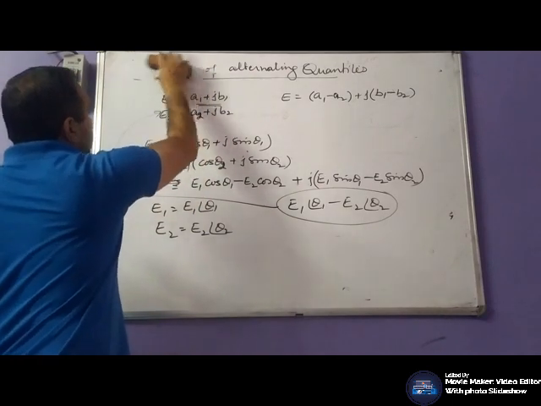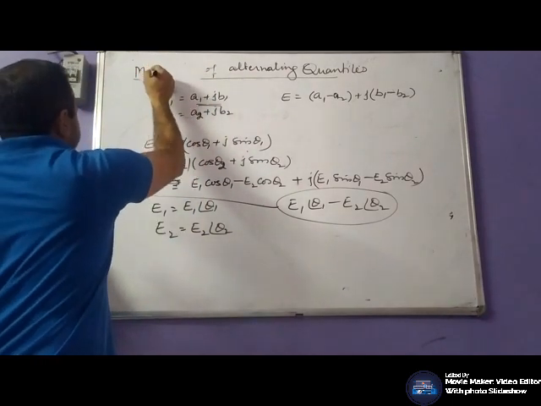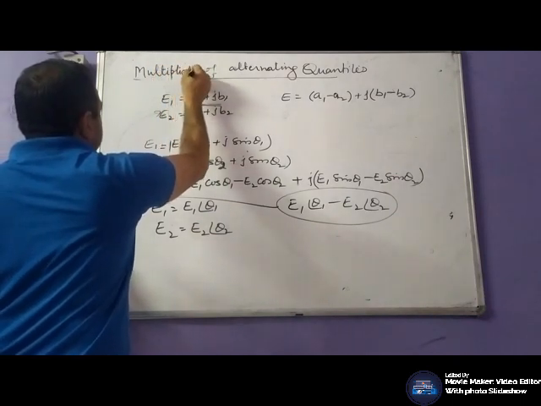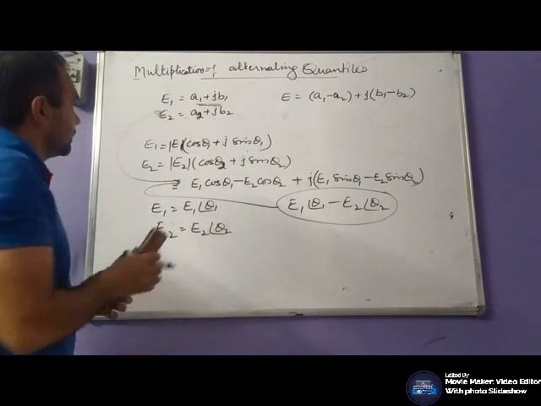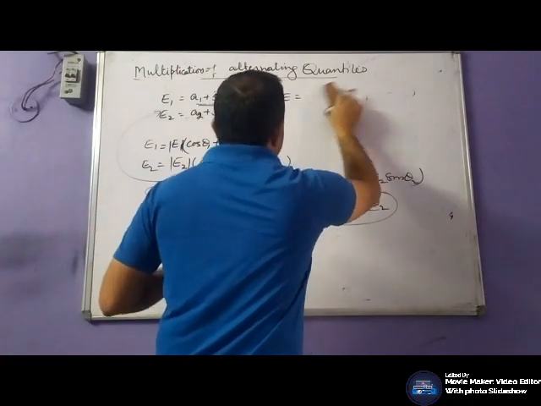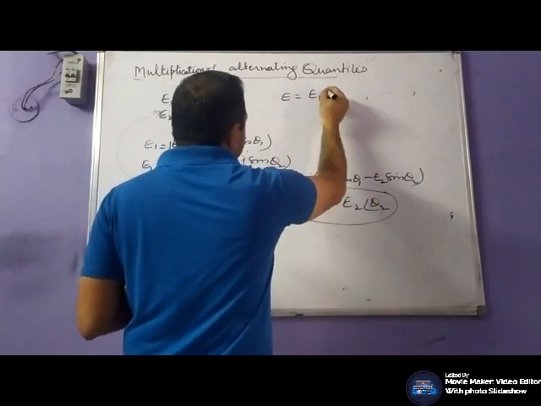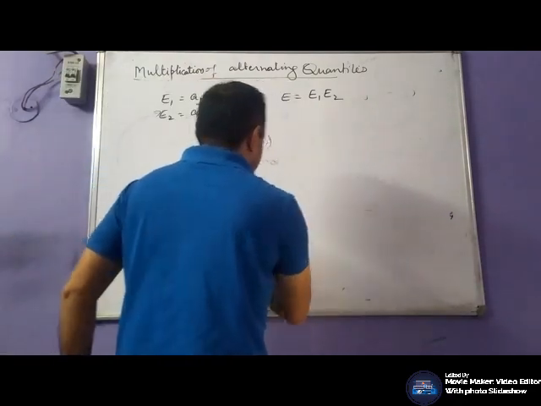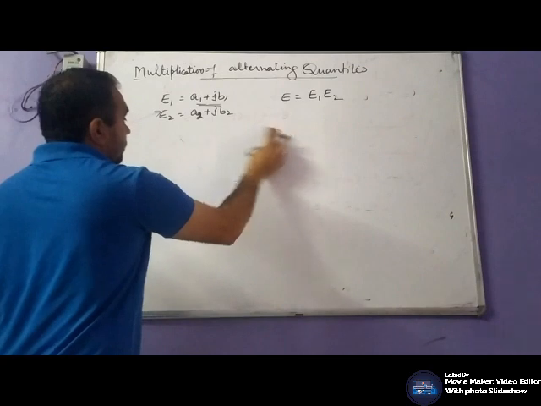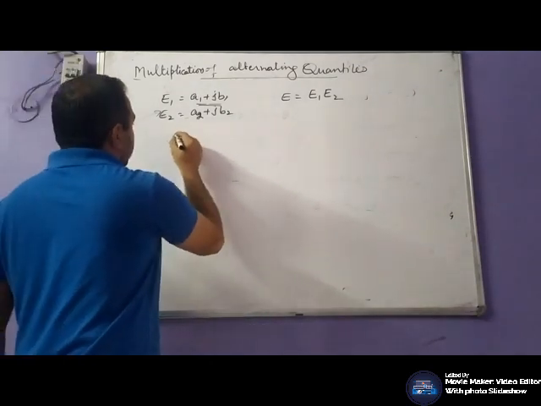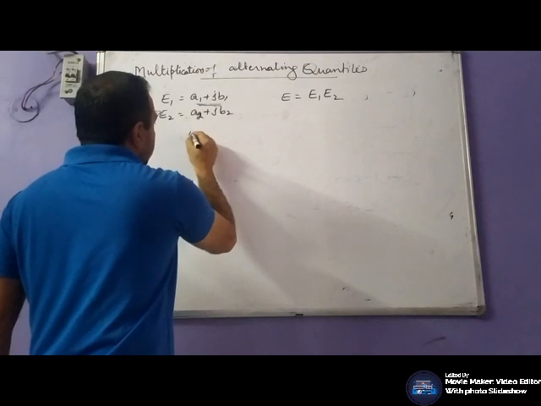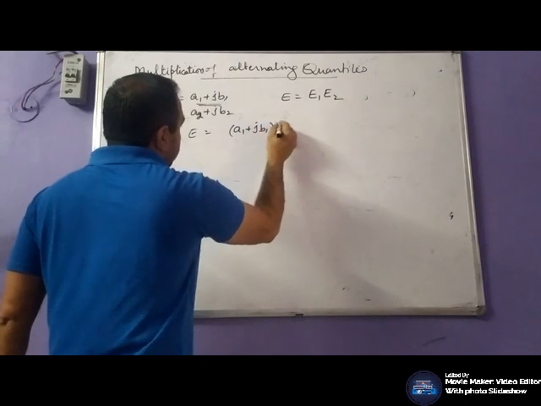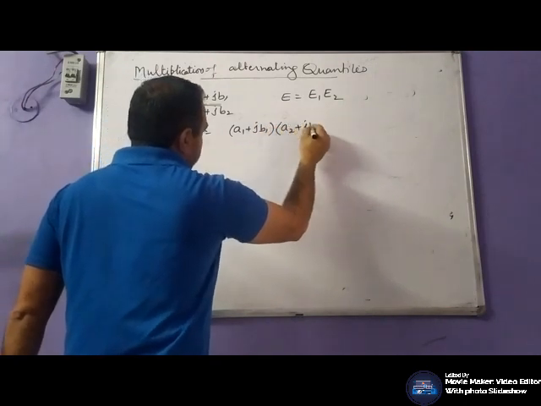Next is multiplication of alternating quantities. Now we require E1 into E2. How will you multiply that? E1 into E2: A1 plus j B1 times A2 plus j B2.